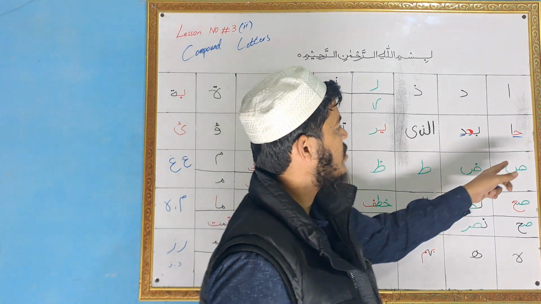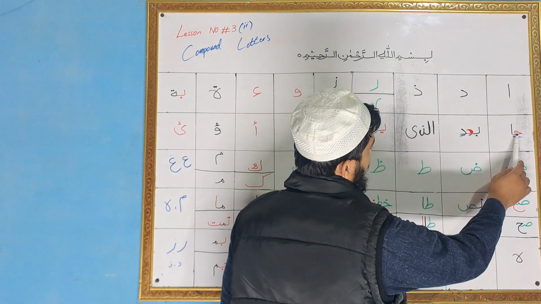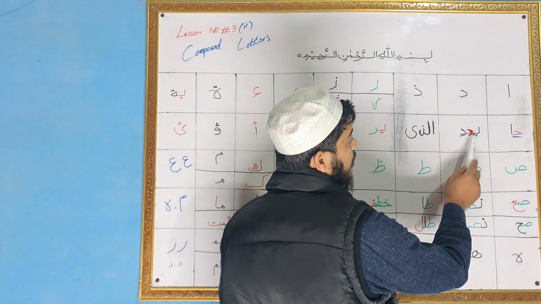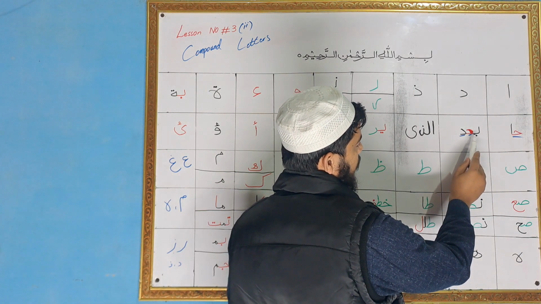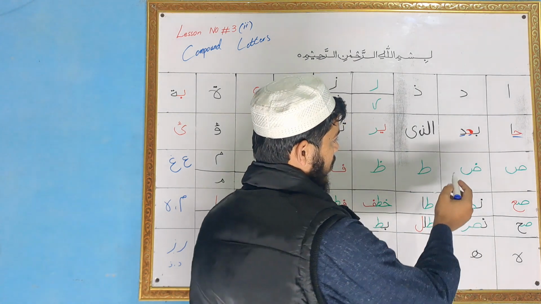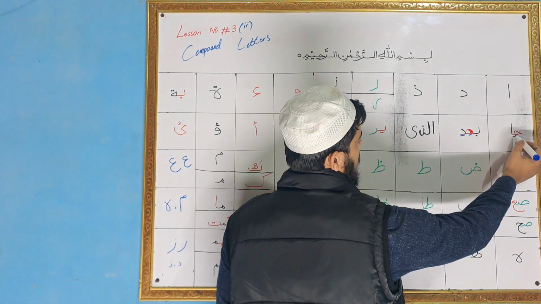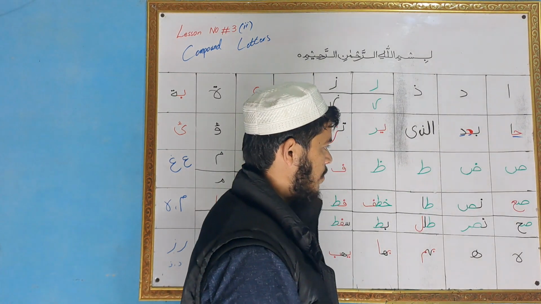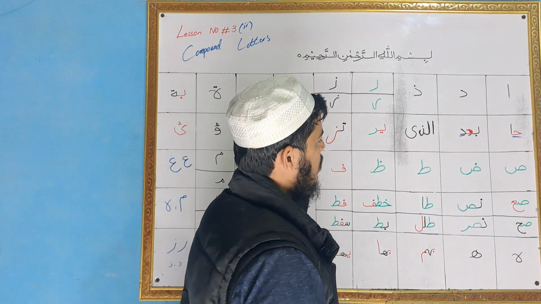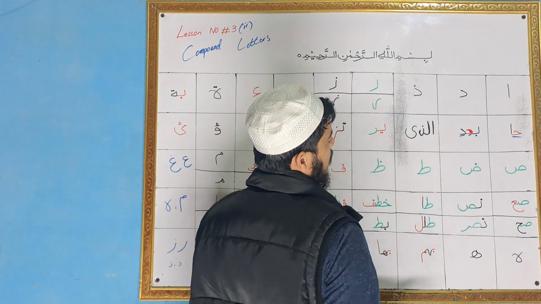So in response I will say ha is always this shape and empty inside. But when ain comes in this form, it is more filled and a little bit different in shape than ha. Ha always has this round shape. So you have to remember this. So this letter is ba, ain, and dal.